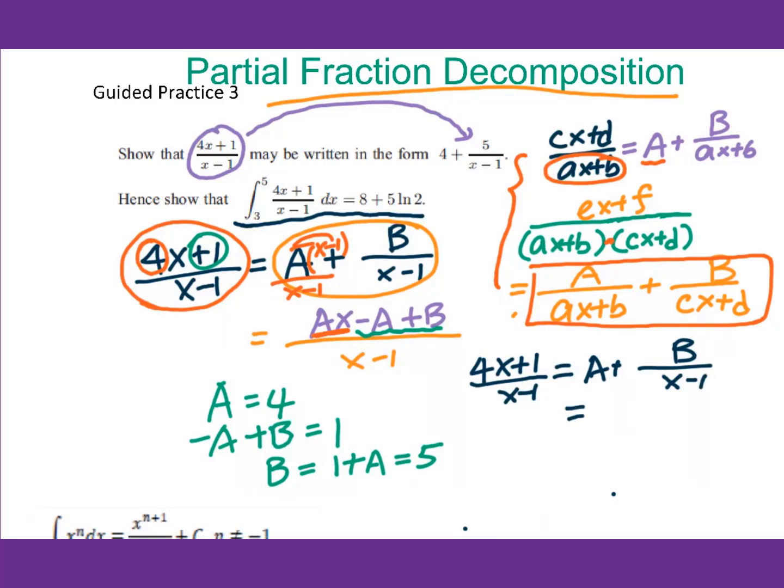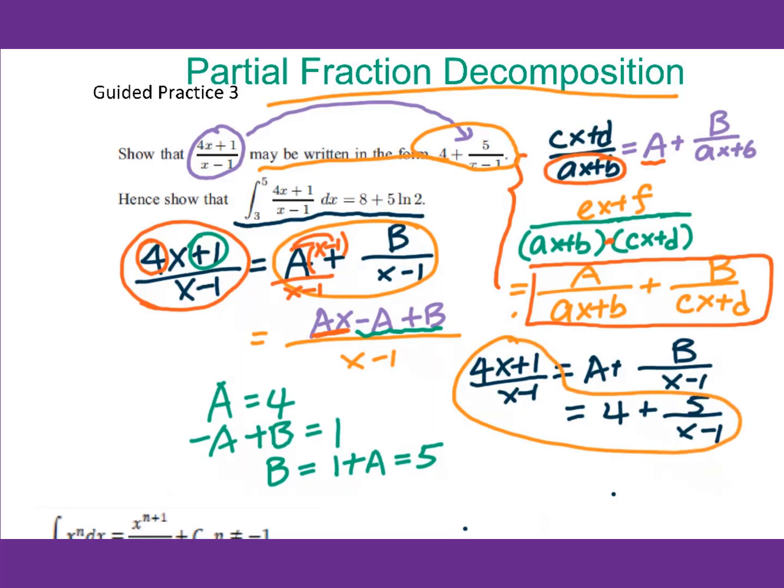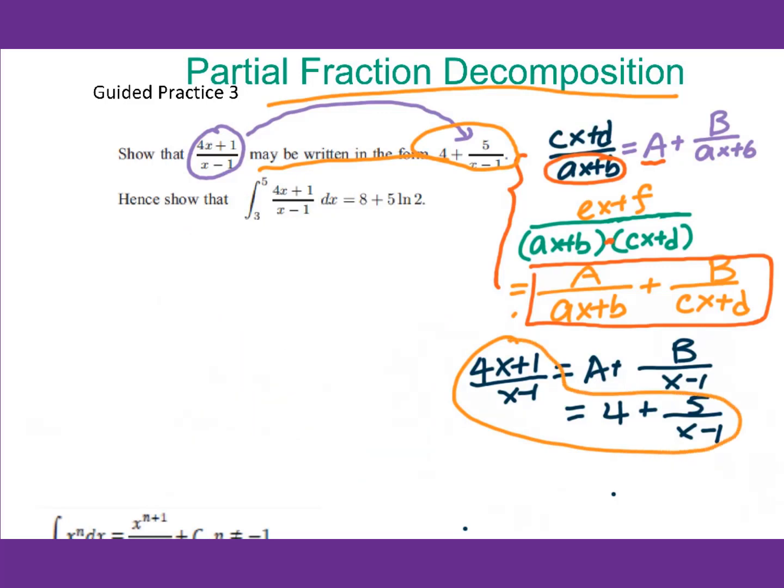We figure out a equals 4 and b equals 5. That's what we wanted to prove. These two are equal to each other. So in the future, when you have a rational function, normally we use partial fraction decomposition to work out the integral.